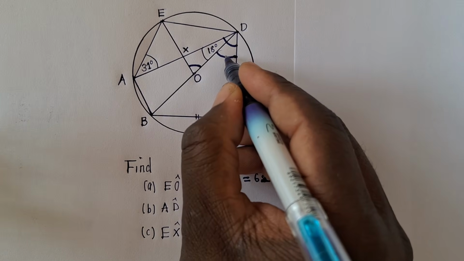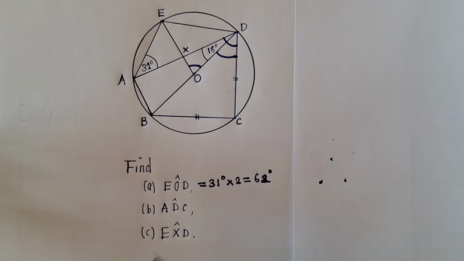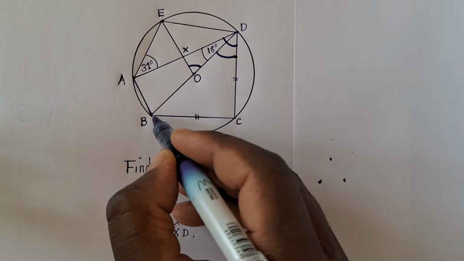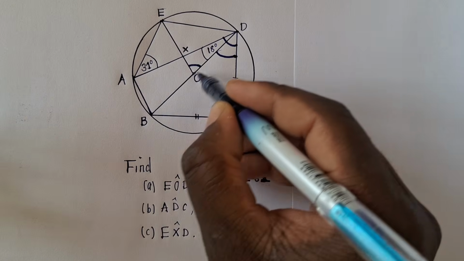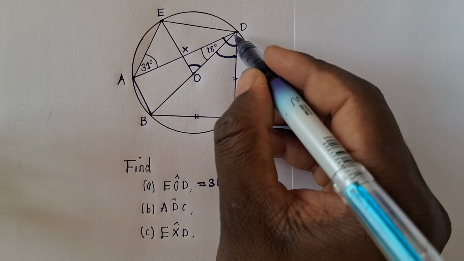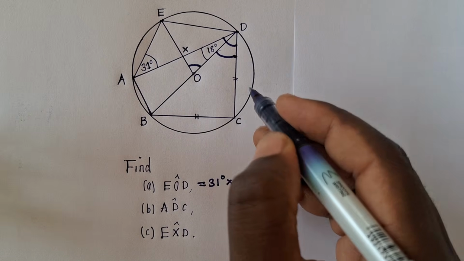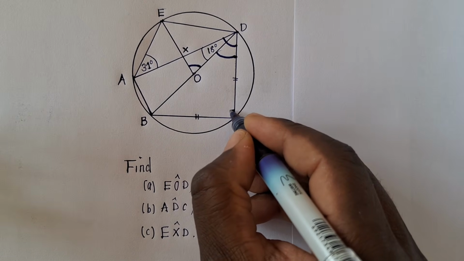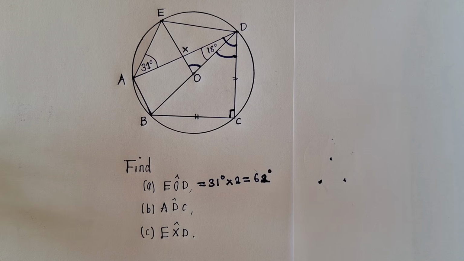Now, how are we going to find this angle? We must consider this part right here. Can you see there is a line passing through the center? That's BD. We've got BD right here passing through the center, which tells us that the angle here is 90 degrees.